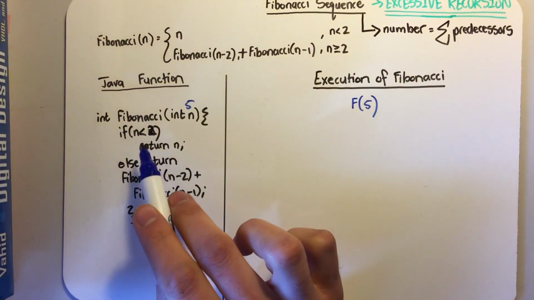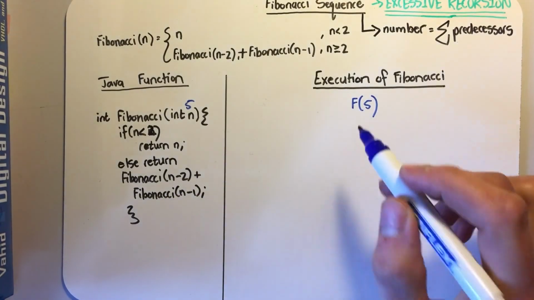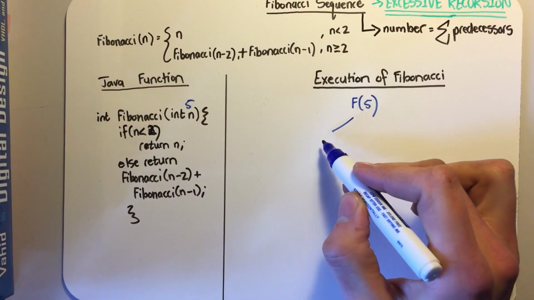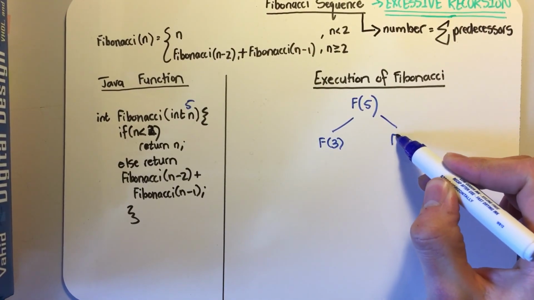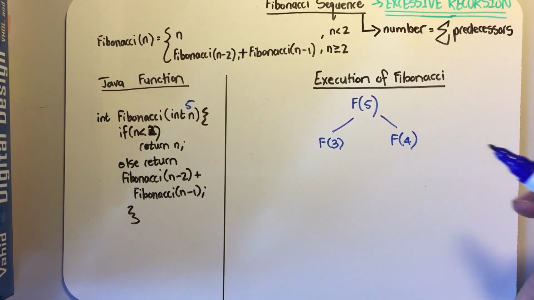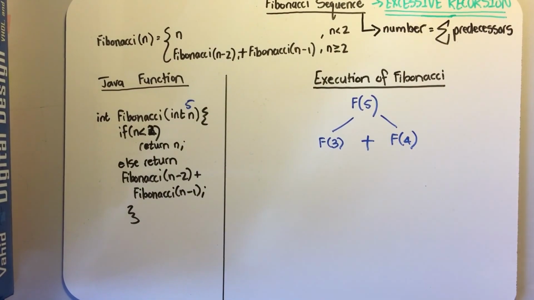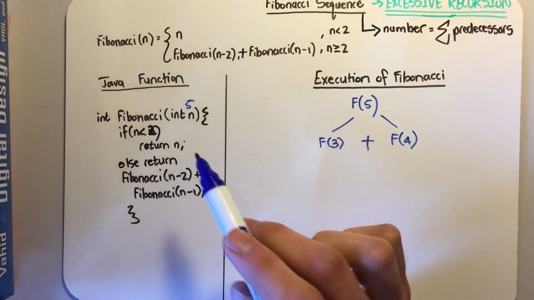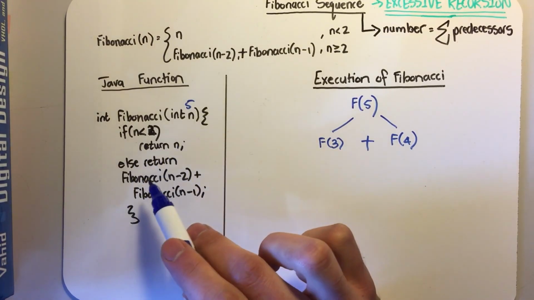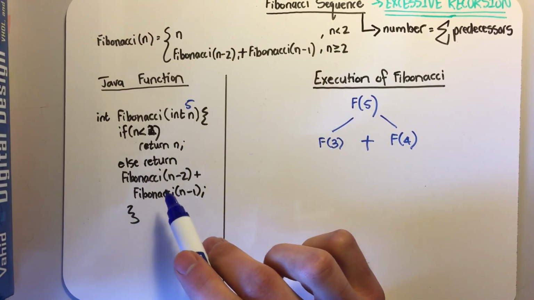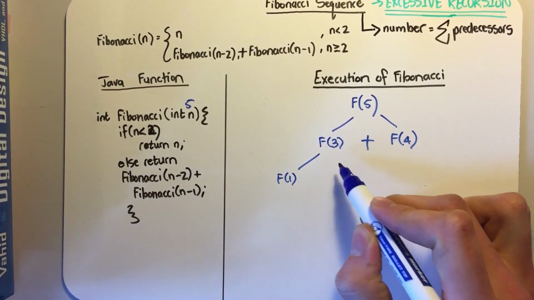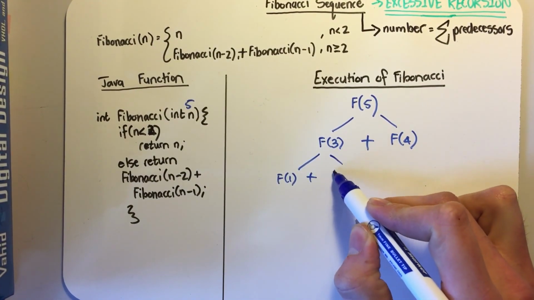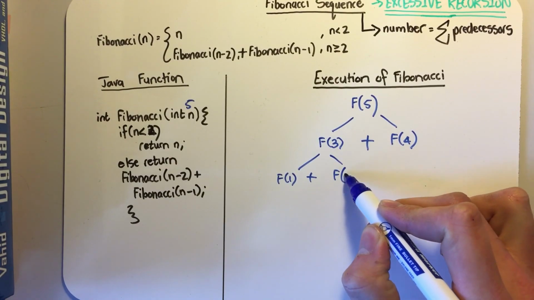Well, n is not less than 2, so else we're going to return Fibonacci of n minus 2 and Fibonacci of n minus 1 added. Okay, so then we're going to call Fibonacci 3. So is n less than 2? No. So we're returning Fibonacci of n minus 2, which is Fibonacci 1, plus Fibonacci of 2.